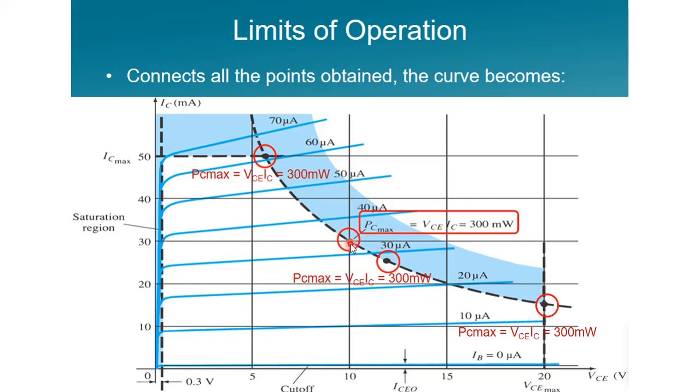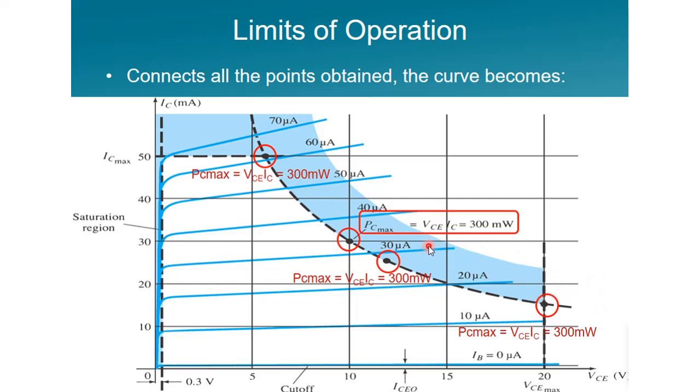For the second point, we get this point, and then the total power is the same, 300 milliwatt, and here also 300 milliwatt, and here 300 milliwatt. So you can see this area, this is the active region, and then the blue area is a breakdown region.